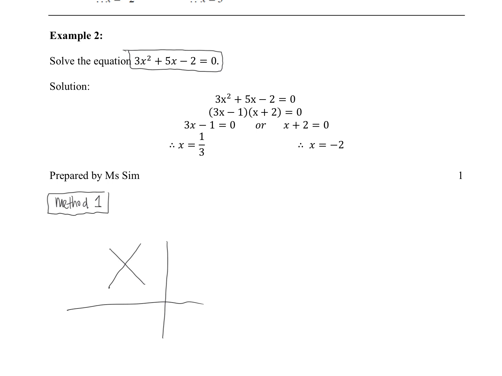Okay, cross product rule. So there are 3 numbers here. It must always be arranged in x squared, x, then followed by the constant term. The 3 terms there must be arranged properly already. And then this first number must go under 3x squared.